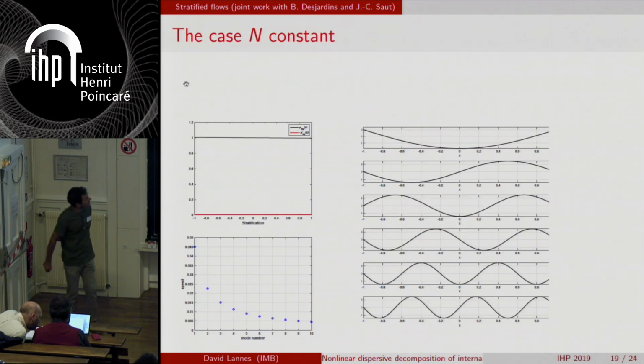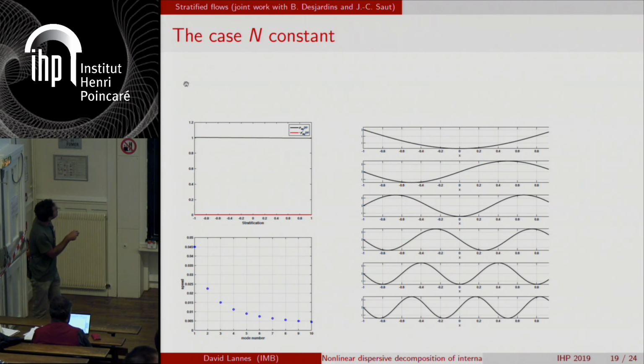So what does it mean to have N constant? I just plot here an example of a continuous stratification. It looks constant, but it's exponentially stratified with a small stratification. So here are the eigenvalues, the speeds that correspond to this stratification. You have several speeds like this.